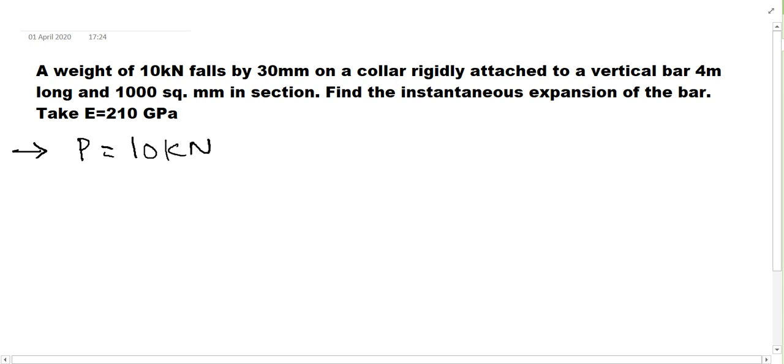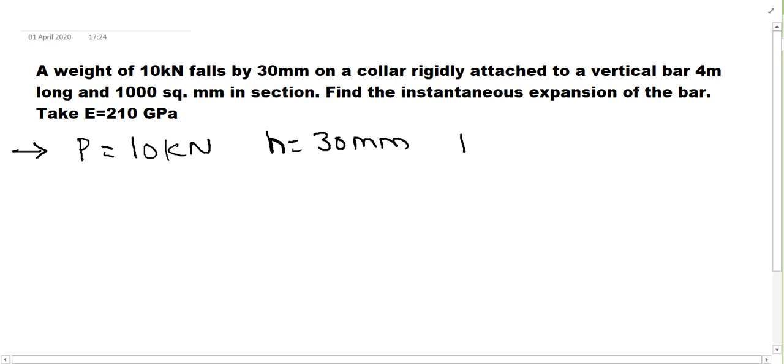Now here, a weight of 10 kilonewton falls by 30 mm. They have given that the value of load P is 10 kilonewton, and it falls by 30 mm. That means it falls from a height of h equals 30 mm on a collar rigidly attached to a vertical bar, and that vertical bar is 4 meter long.